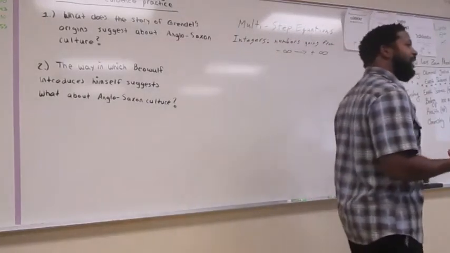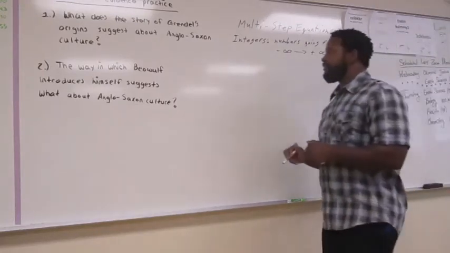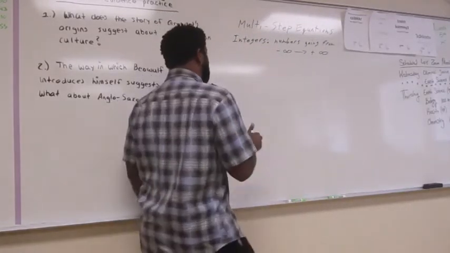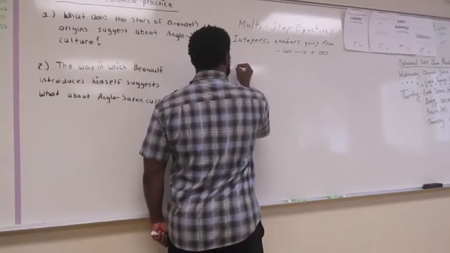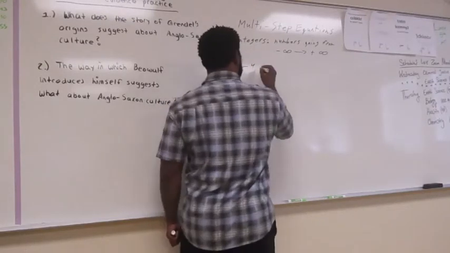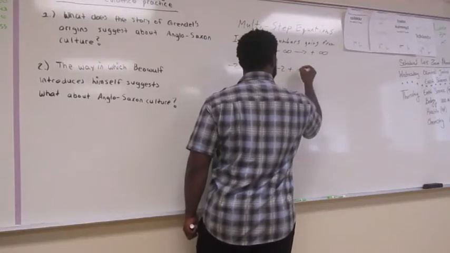Obviously, y'all know how to add and subtract negative numbers, right? Just a real quick crash course. When adding and subtracting, if you have -2 minus 4, that's the same thing as -2 plus a -4.